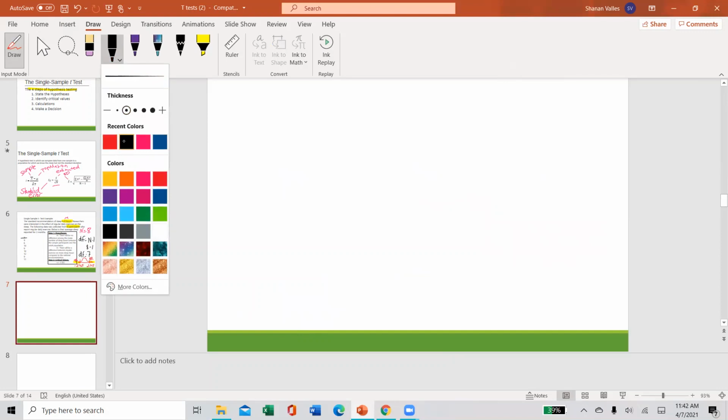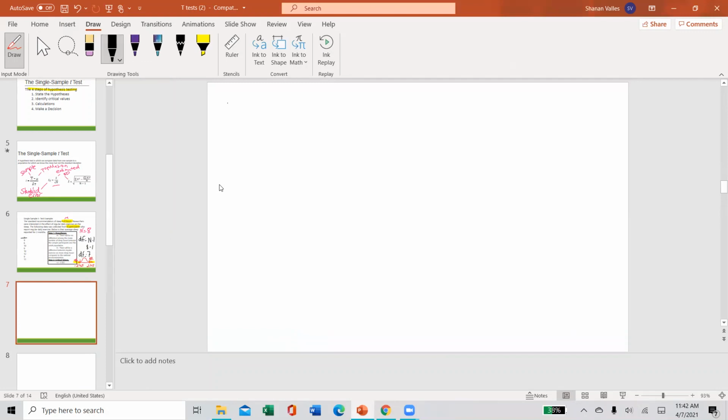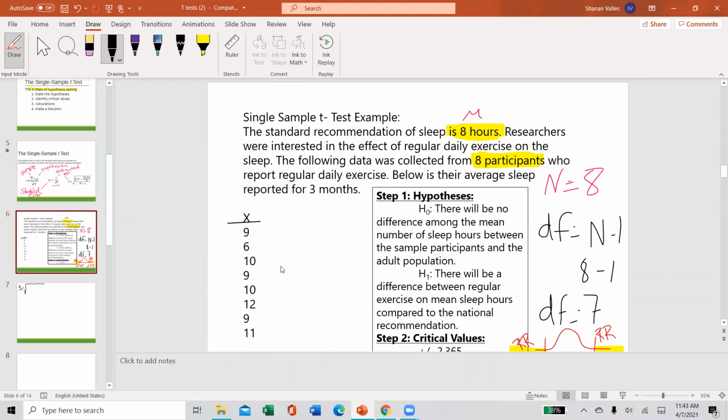So estimated standard deviation. We have to find our sum of our x's squared and our sum of x. All right, so let's look back at our data right here, and we will be able to do that.